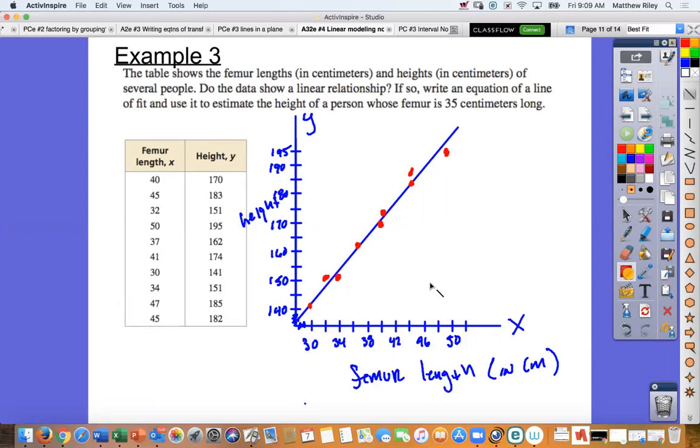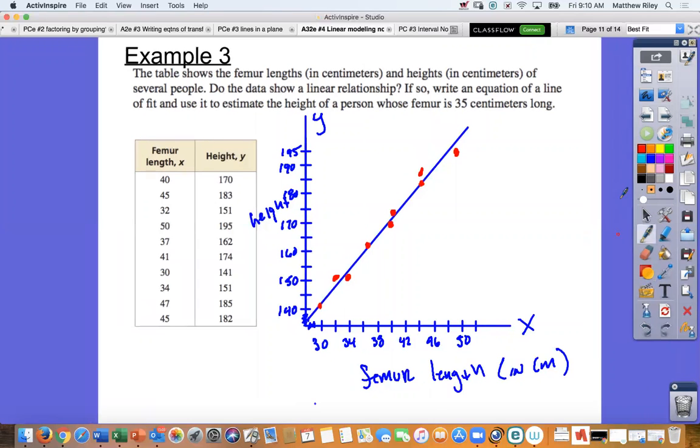All right. The last thing is write the equation. I'm not going to finish answering this question with writing the equation, but I want you to see how. Once you have this, pick any 2 points that it looks like it goes through. So it looks like it goes through this one, which is 45, 183.